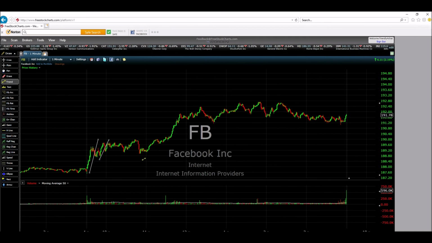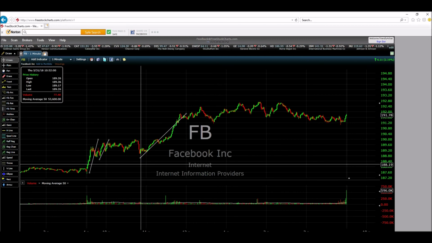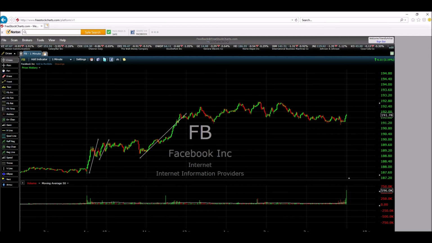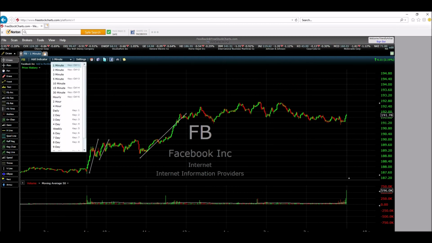There is another one here which is longer, which goes from 10:52 to 11:50. It means 1 hour. It means you should stay in this trade 1 hour according to what I see, and then you can make money.